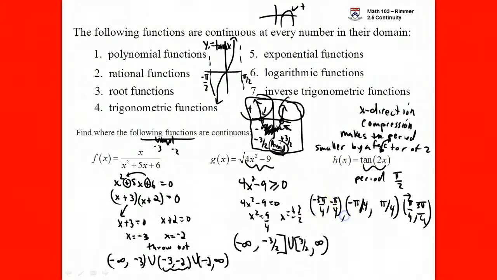But this thing's going to continue, basically. There's going to be union signs in between. Sorry, not commas, union signs in between. It's going to continue on in both directions. And the pattern basically is any odd multiple of pi over 4. Like the next is going to be 3 pi over 4 to 5 pi over 4, 5 pi over 4 to 7 pi over 4, and so on, and back in the other direction with the negatives. There might be a more official way to say that, but I'm probably fine with you saying just that.